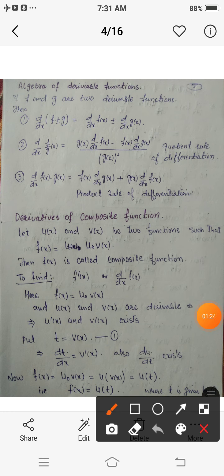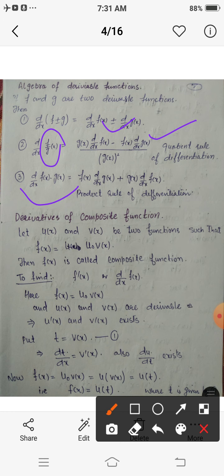So simply we can say that if we have a quotient of two functions, that is f by g, then its differentiation is simply equal to, in the numerator, denominator into differentiation of numerator minus numerator into differentiation of denominator, upon denominator square.